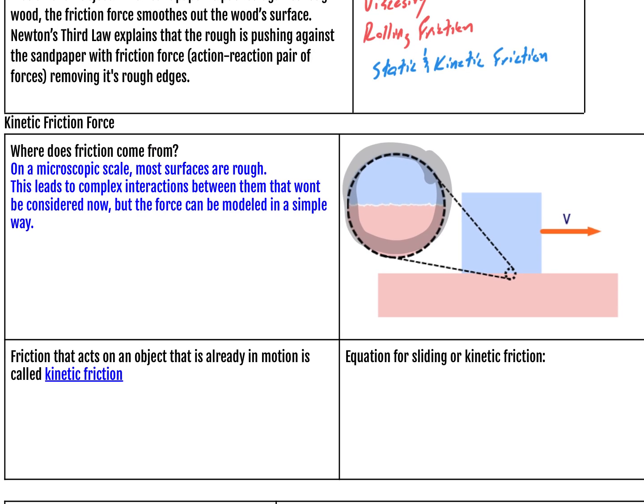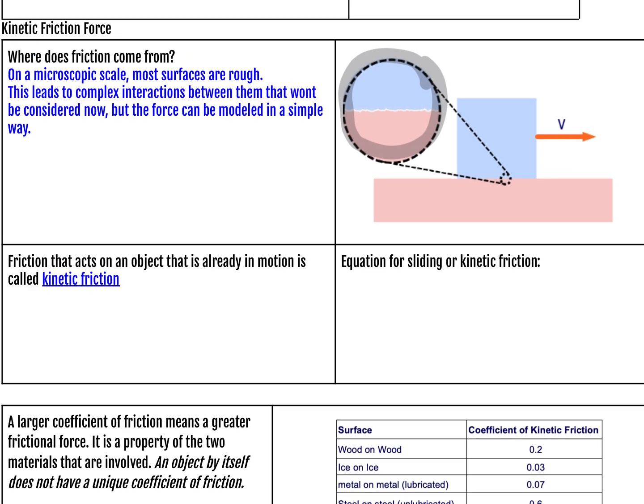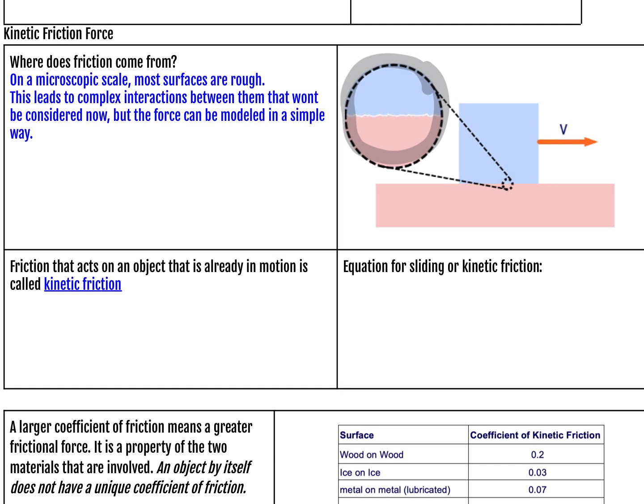The first friction we're going to be looking at is kinetic friction. And that is if something is already in motion, so it's already moving, okay? The equation for sliding or kinetic friction looks something like this. I say F sub F equals mu sub K times Fn. And so that's a pretty interesting idea.